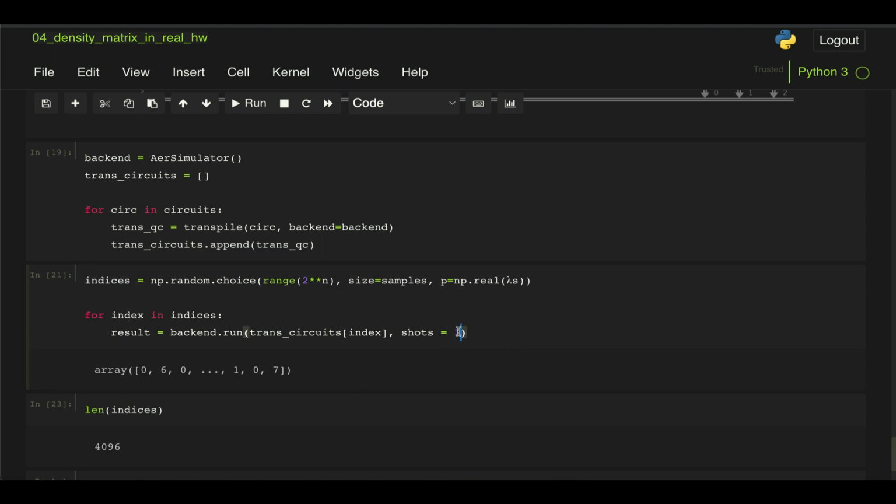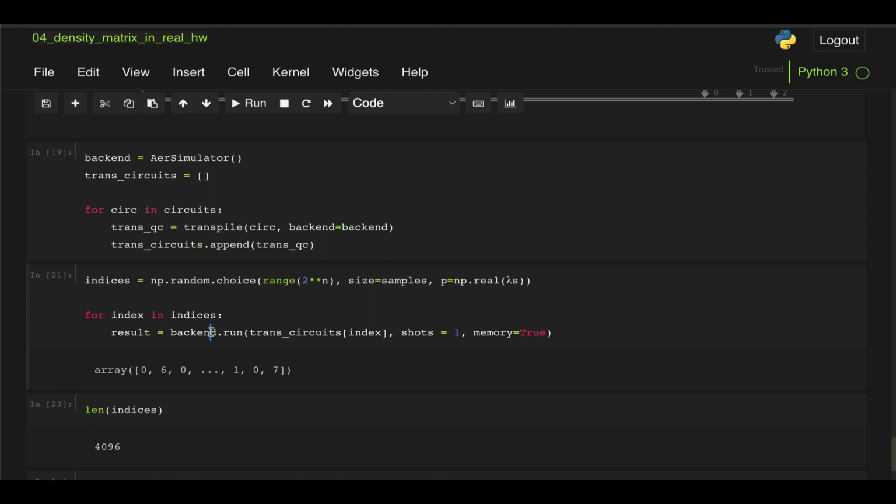only once. And then I'm going to set this memory here to true. So what this is going to do is, in Qiskit, when we run this type of simulation, you get a dictionary with the labels of the measured states as a key and the total number of times we measure that state as the values.